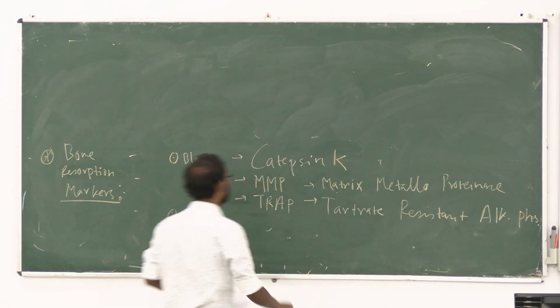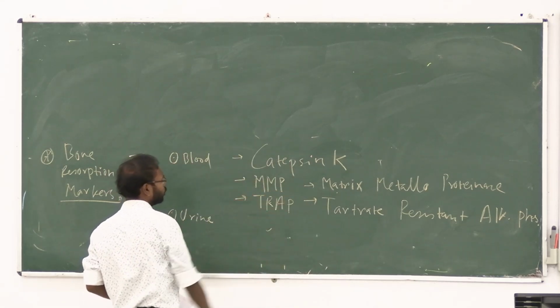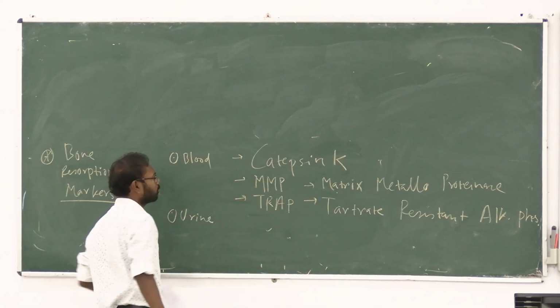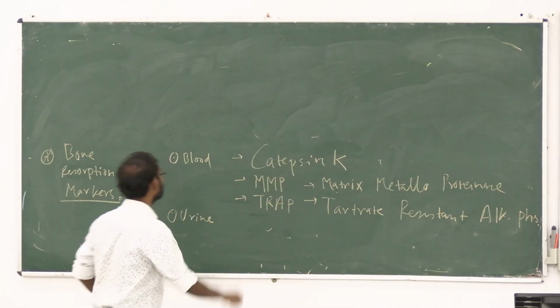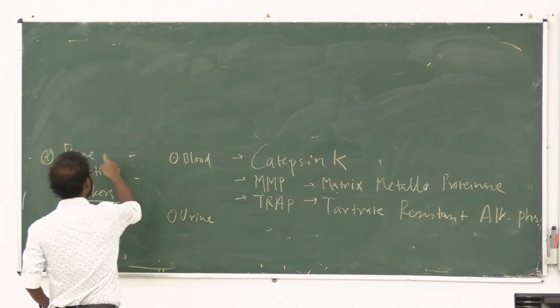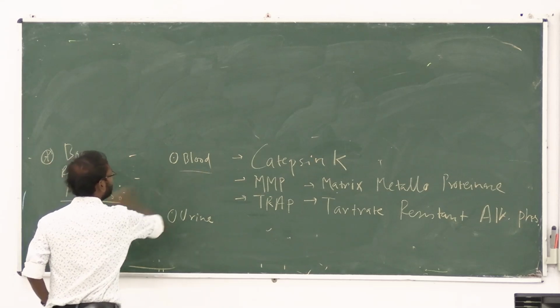So full form of MMP is matrix metalloproteinase, TRAP is tartrate resistant alkaline phosphatase. These three are bone resorption markers found in blood.